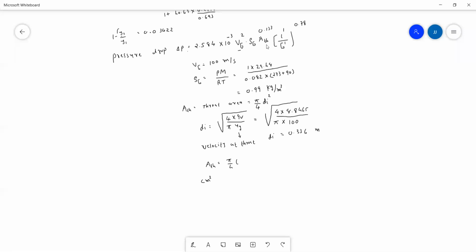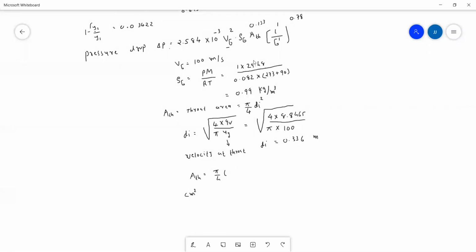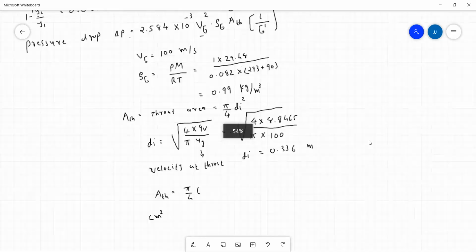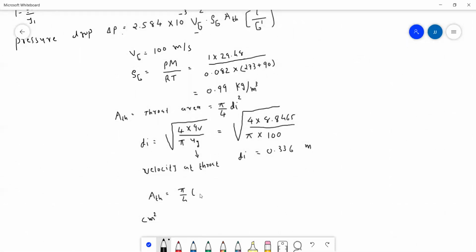So this has to be converted into centimeter square. So 33.6 centimeter, 33.6 square, and you will get the area in centimeter square, which is equal to 886.7 centimeter square. All right.